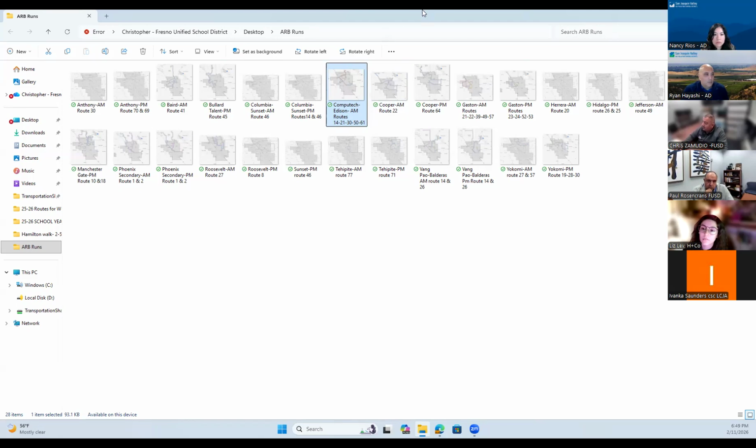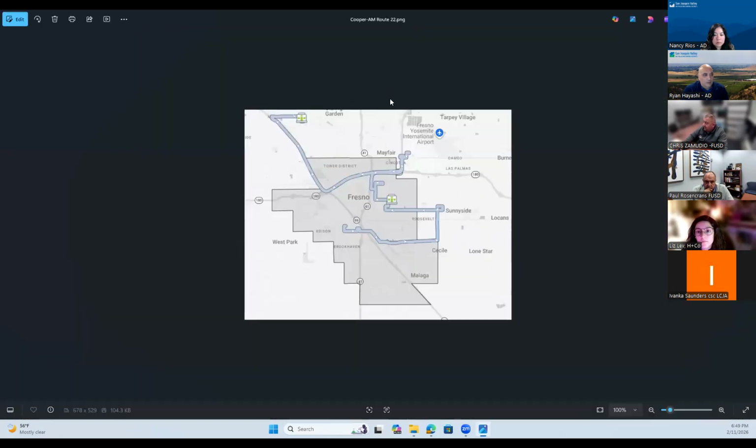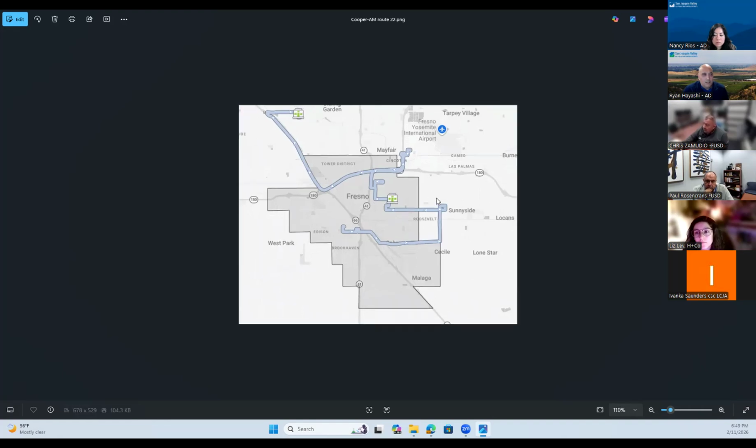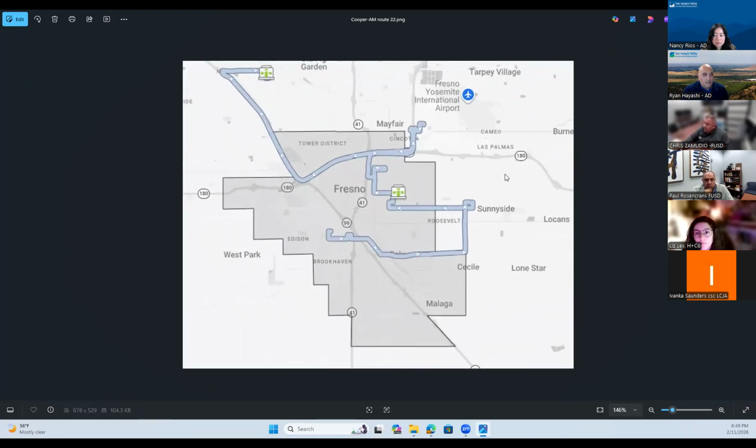Hey, Chris, can you show the Cooper route? Correct. The AM? Yeah. And so, when you were talking about magnet schools, it was more along the lines of children within the AB 617 boundary that attend a magnet school outside.